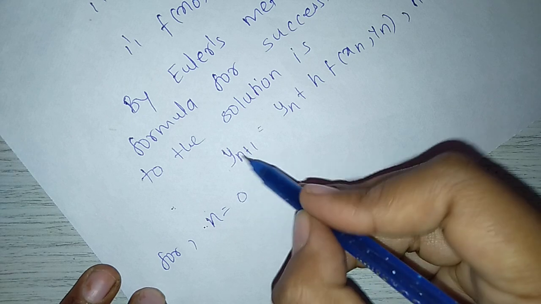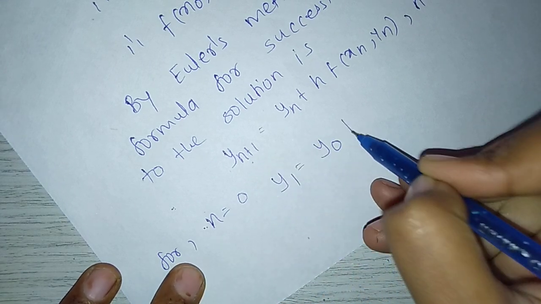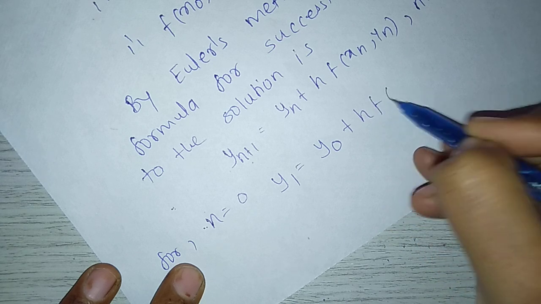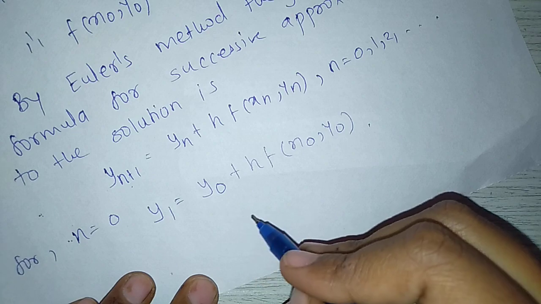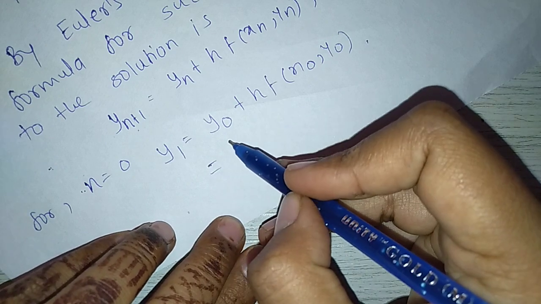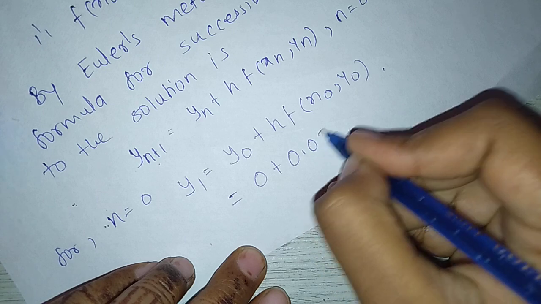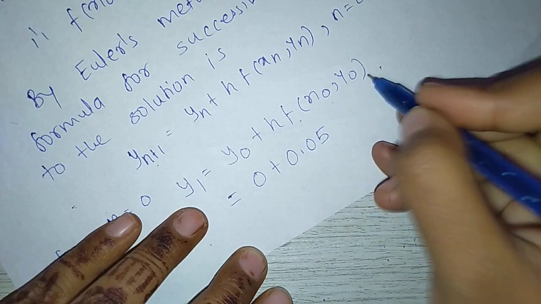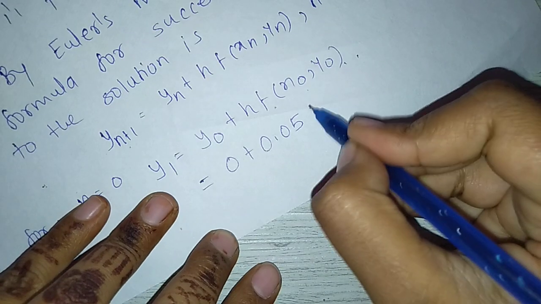For n equal to 0, we get y1 equal to y naught plus h into f of x naught, y naught, and h is 0.05. So y naught is 0 plus h is 0.05, and f of x naught, y naught is f of 0, 0, which is 0.